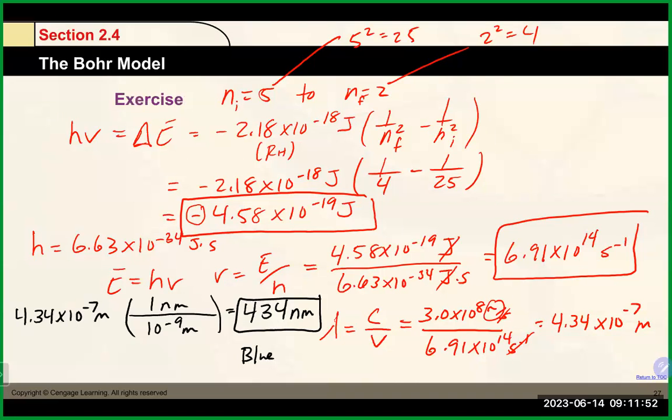3 to 2. All right, so let's do the 3 to 2 transition here. So this is our initial, right? This is our final. And again, we'll start it the same way as we did the previous ones.